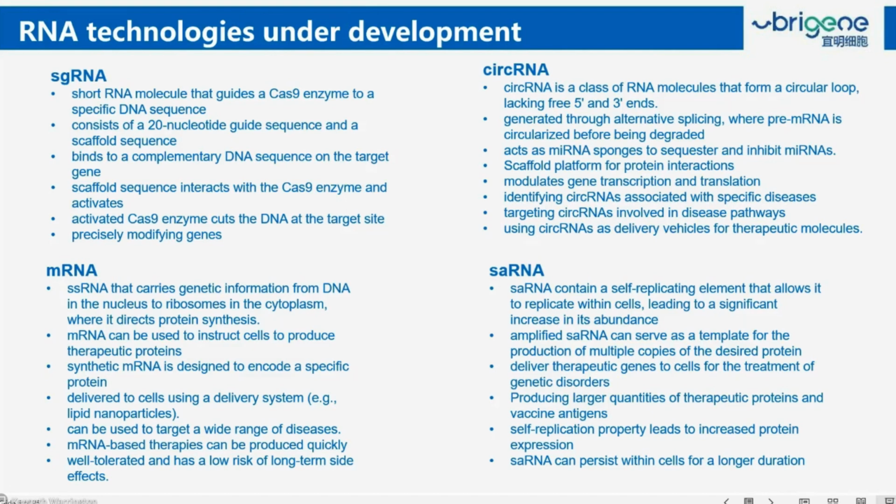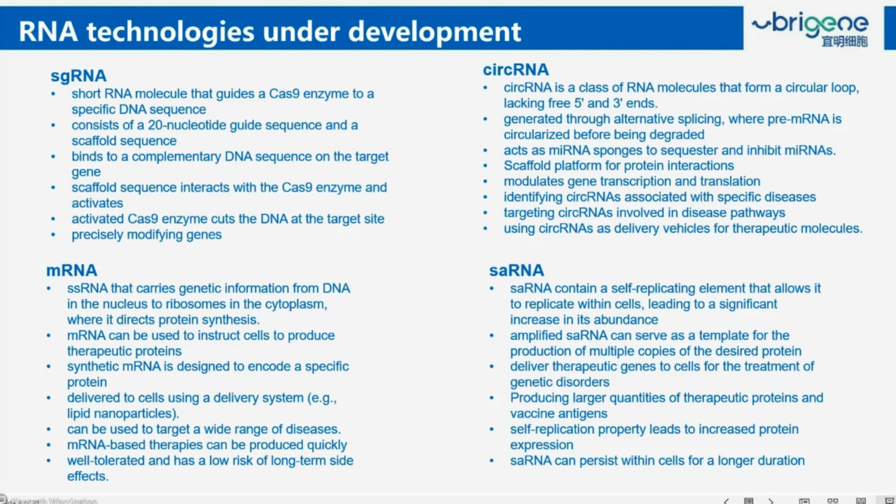These RNAs can be delivered to cells using a variety of delivery systems, including lipid nanoparticles, and can be used to treat a wide range of diseases. Obviously, our clinical experience with the COVID vaccines is they can be produced very quickly, and to date, they're well tolerated and have a low risk of long-term effects.